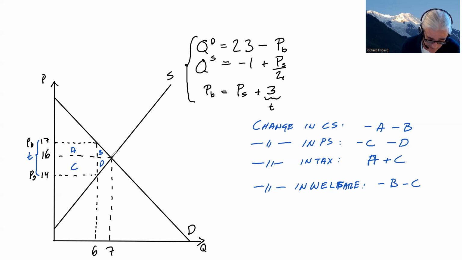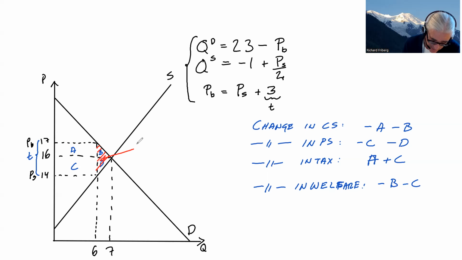Again, these are cases where buyers are willing to pay more than what sellers are willing to supply for. There are potential gains from trade here that are not realized. Why? Because the tax creates a wedge between the two.